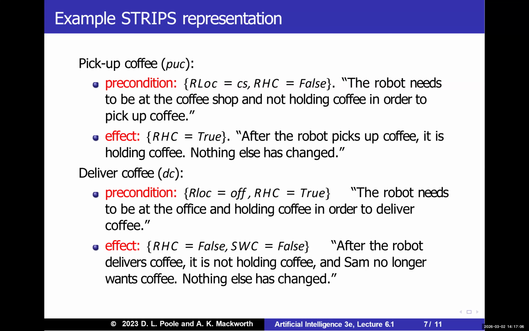So notice how structured this is. There is no ambiguity about when an action applies or what it changes. This precision is what makes automated planning possible. If actions were vaguely defined, there would be no way to reason systematically about sequences of actions.